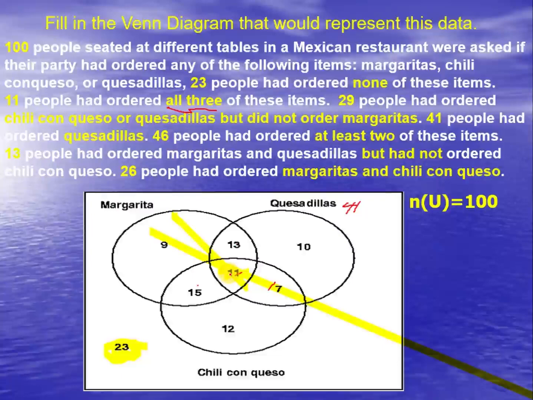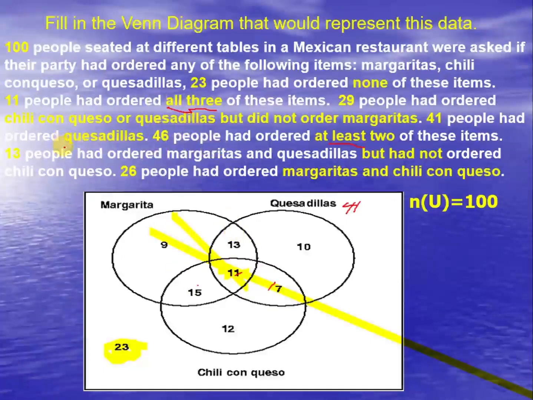When the word at least comes in, it means you can order more than 2, but you can't order less than 2. That's why we have to add 15 plus 13, which is going to be 28, plus 11, that will be 39, plus 7, that gives me 46. You see that? So when you sum these and it's not 46, then your information put in the Venn diagram is wrong.